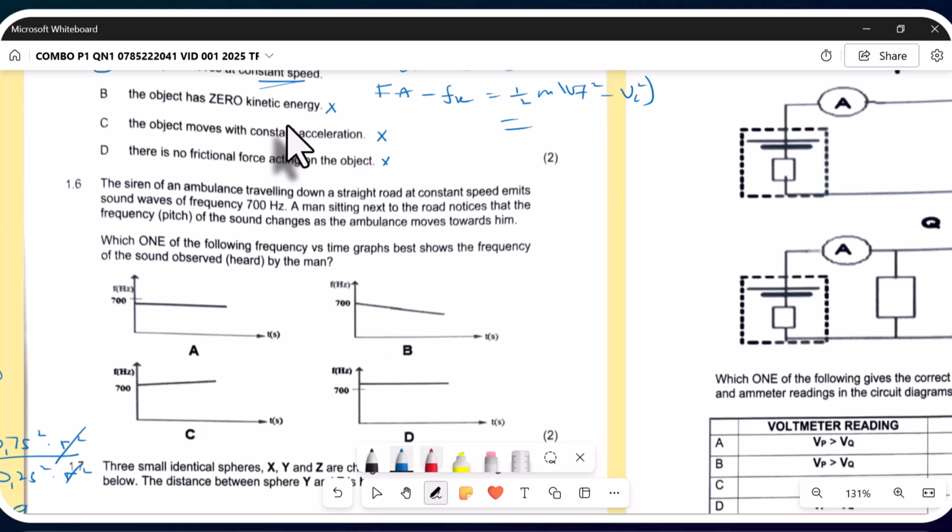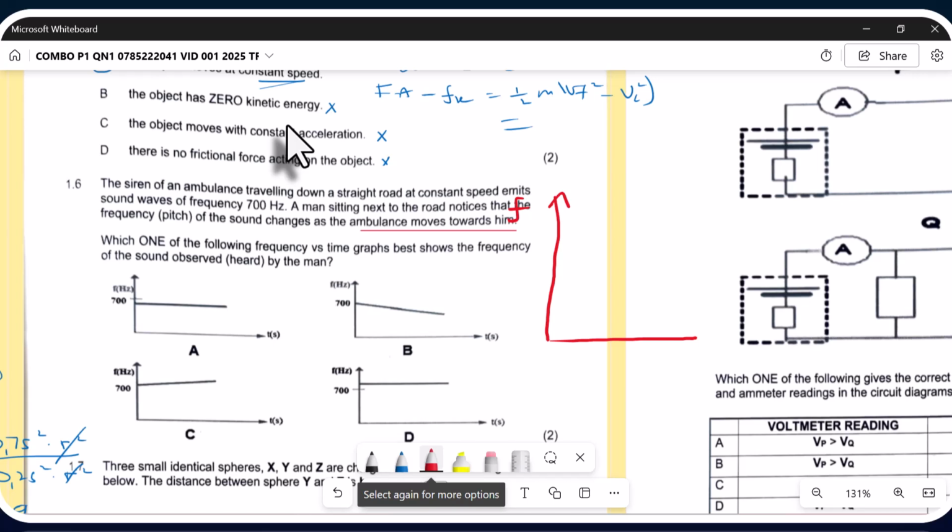Now, if this is the frequency on this side, which is of the listener, the frequency observed, if the ambulance is approaching you, and this is 700 here, they're talking about 700 here.